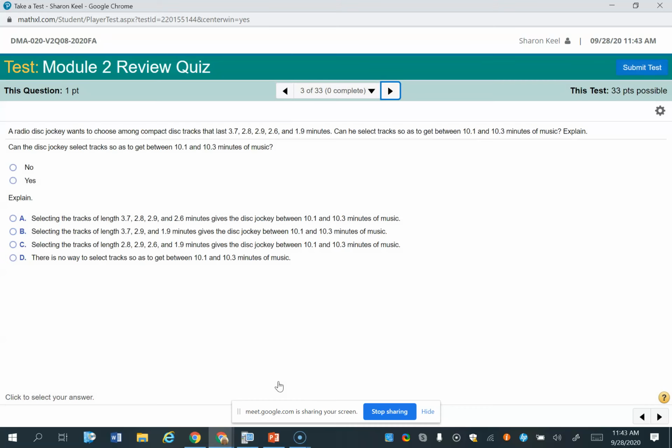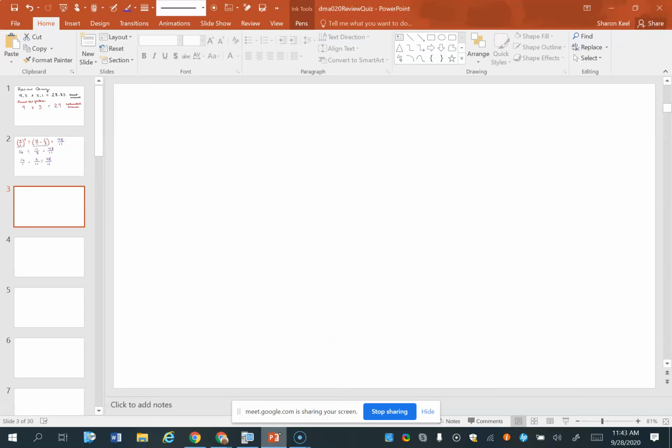Next, we have a radio disc jockey who wants to choose among compact disc tracks that last a series of values. Can he select tracks so as to get between 10 1/10 and 10 3/10 minutes of music? This is the radio disc jockey question.